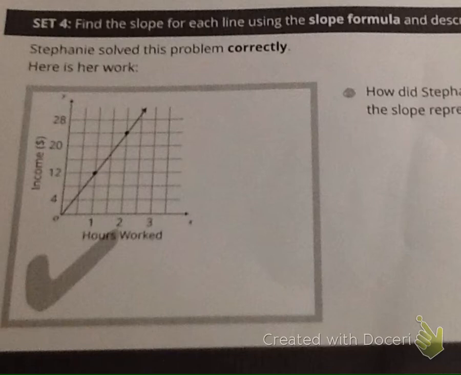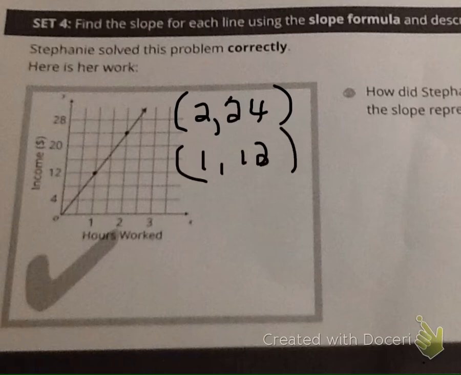Alright, so if I use the slope formula, this point right here is (2, 24). And this point over here is (1, 12).